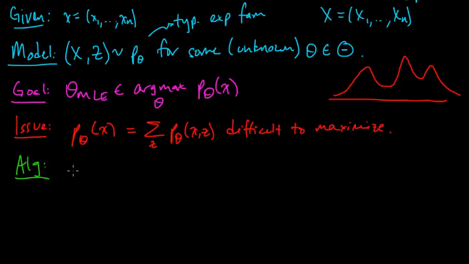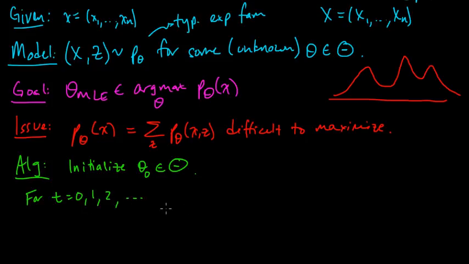You first initialize theta to some theta naught, some theta 0. And then for t equals 0, 1, 2, etc., we'll do the following two steps. First is the so-called E step.